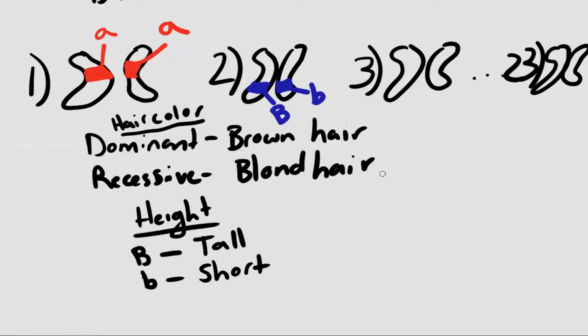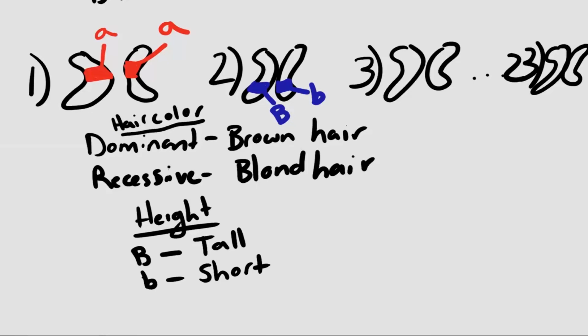Let's say the dominant trait is a tall phenotype, while the recessive is going to be short. Since this person has one dominant allele and one recessive allele, what are they going to look like? Well, they're going to be tall, right? Because this is going to be masked by this. The only time they'll be short is if you have two lowercase b's here, two recessive sequences at this gene of the chromosome.